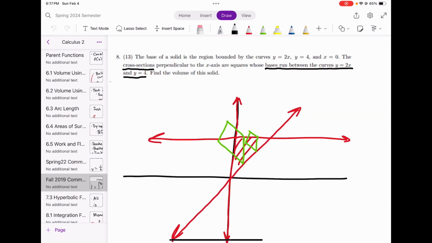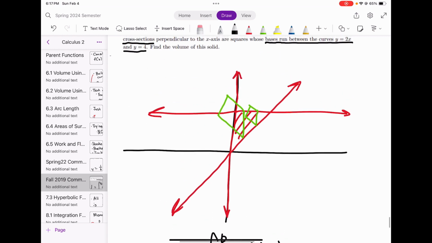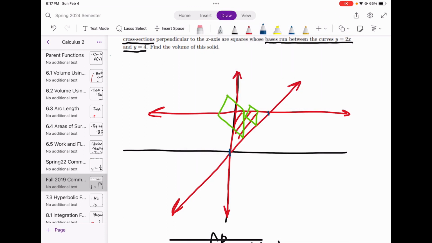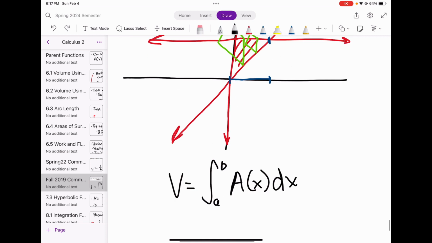Okay, so I'm going to make a guess saying it's a to b, and it's going to be in terms of x. Why? Because it cuts off over here, so I want to find the distance between there. And they also tell us perpendicular to the x-axis, so that should hopefully be the giveaway.